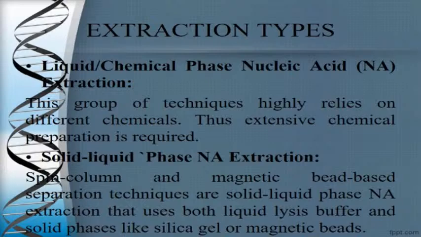It employs solid phase, what we call the column, the spin column, and in the spin column you can have resin, silica gel, and also magnetic beads. These are modern technologies that will not expose you unnecessarily to the hazardous chemicals that liquid or chemical phase nucleic acid extractions expose you to.